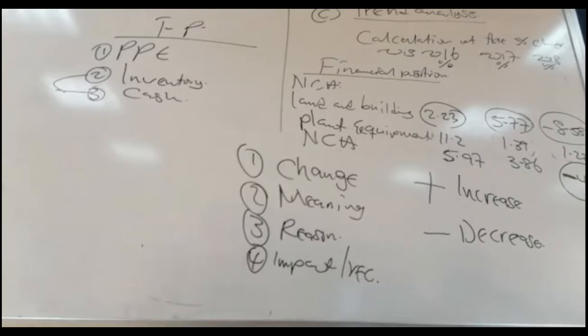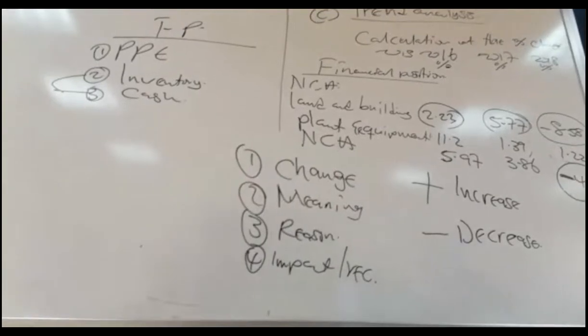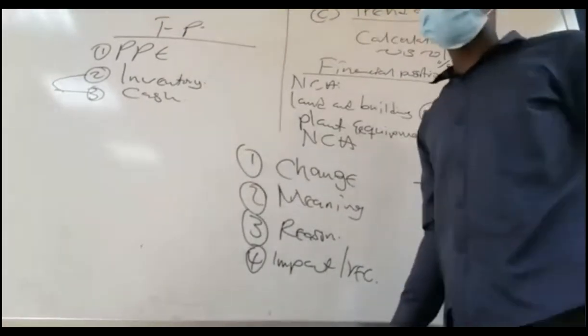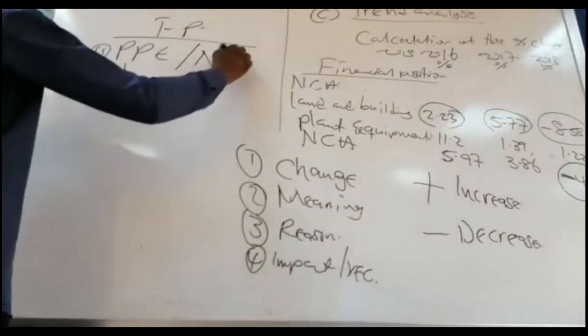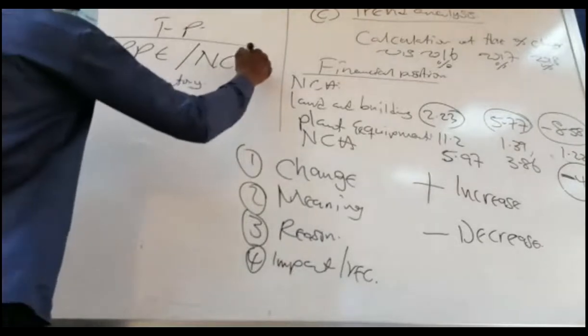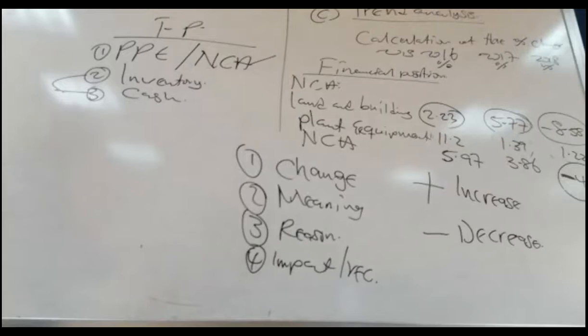Good. Then you are done. Okay. The fourth is what impact? So the financial position: after looking at your PPEs and your non-current assets, if they are going up, increasing, good news; decreasing, bad news.